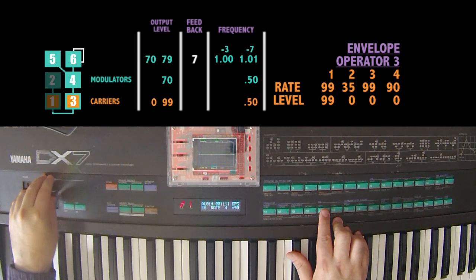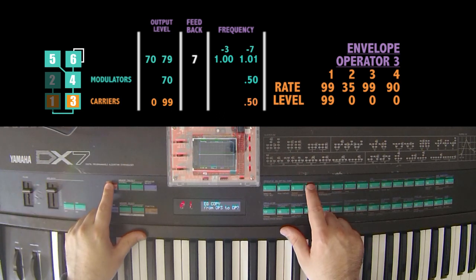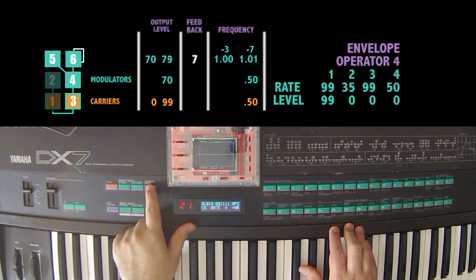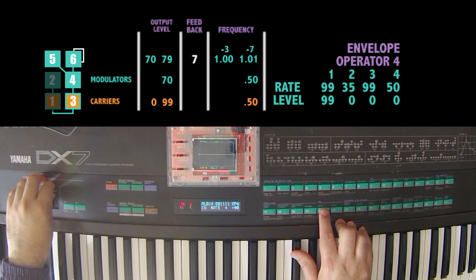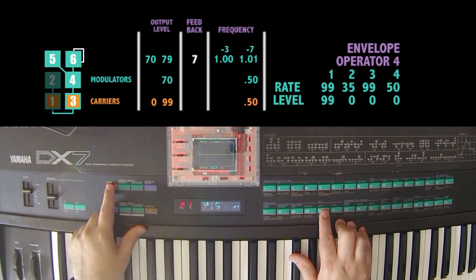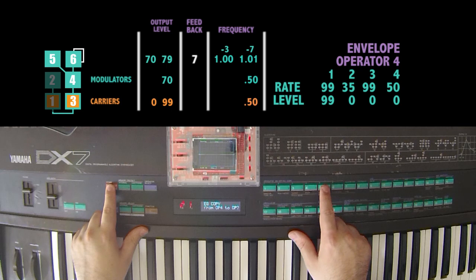I'm going to copy this from operator 3 to operator 4 and select operator 4. The only change here is rate 4, which goes to 50. And then I'm going to copy operator 4's envelope over to operator 5.